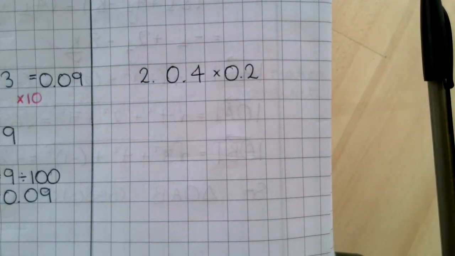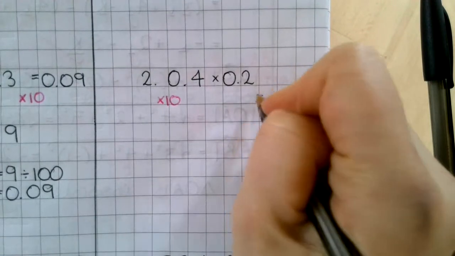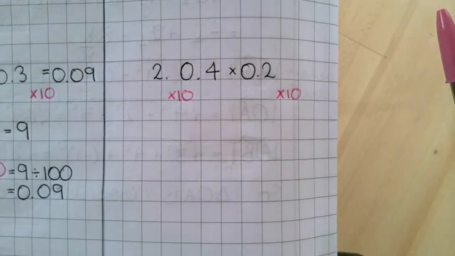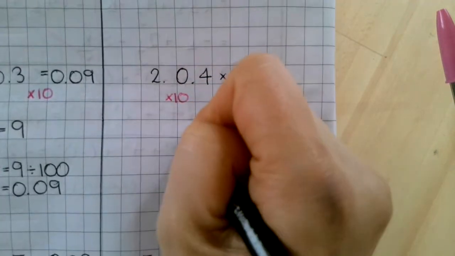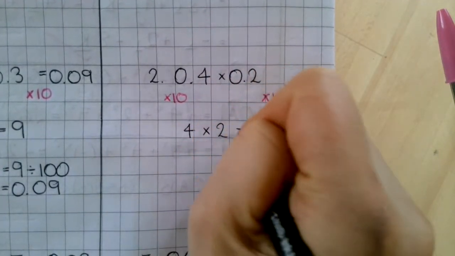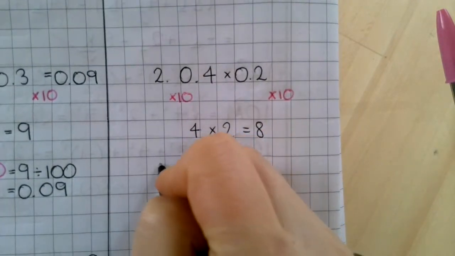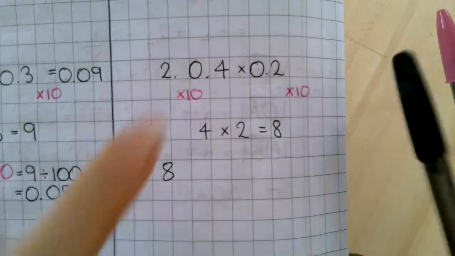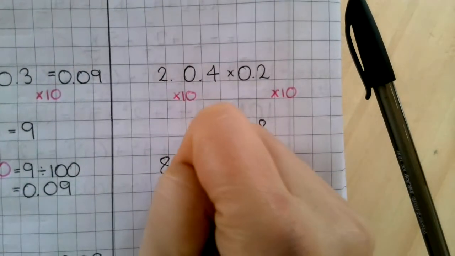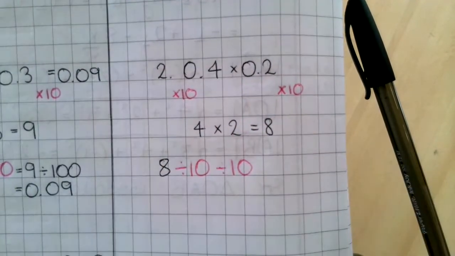So for this one, this time we need to multiply both decimals by 10 to get an integer calculation, a whole number calculation. 4 times 2, again, that's 8. We need to do the inverse of multiplying by 10 twice to our answer of 8. 8 divided by 10 divided by 10.